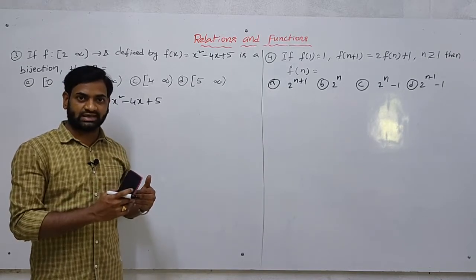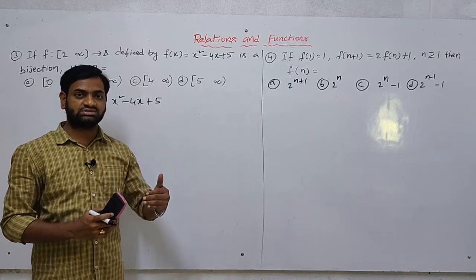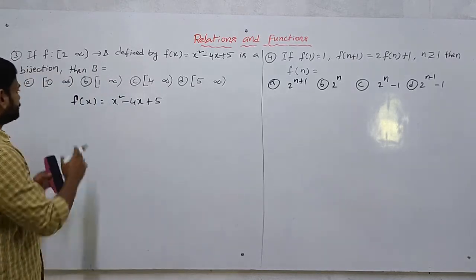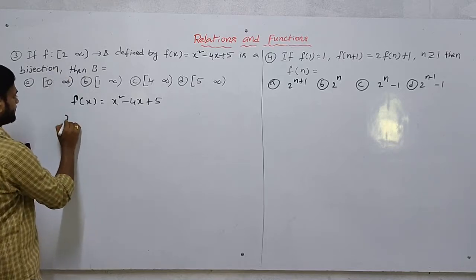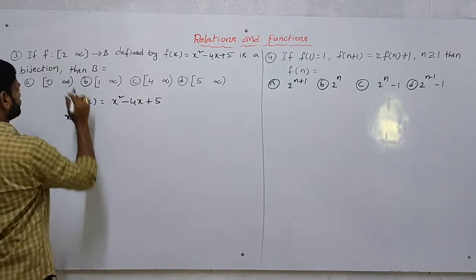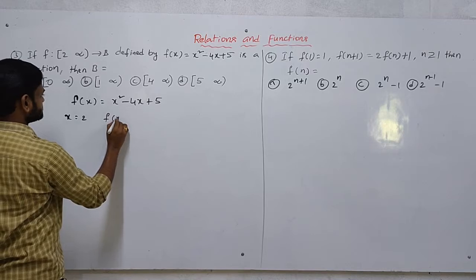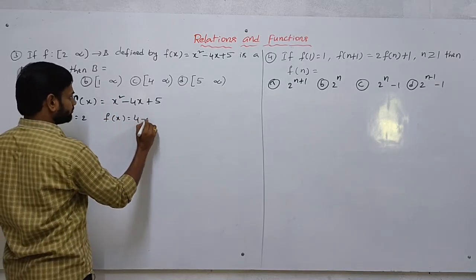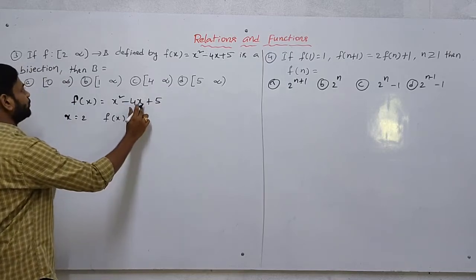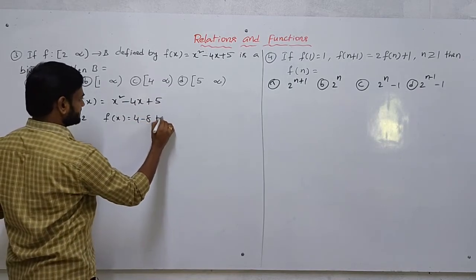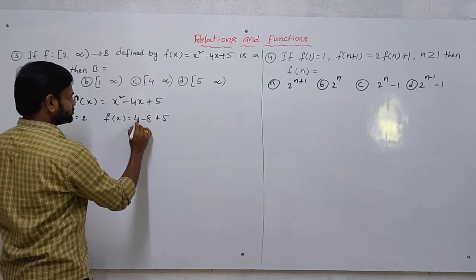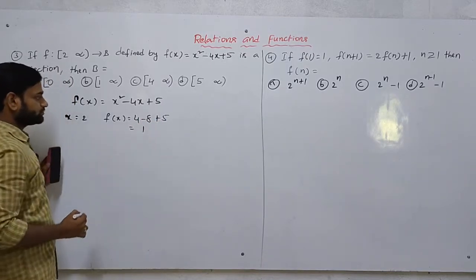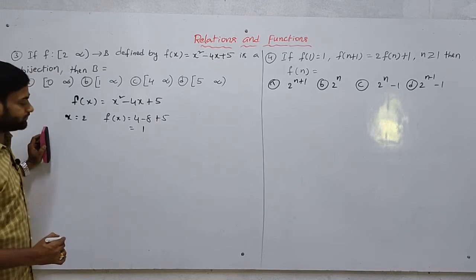So here x is taking 2, the starting value. Now what is f of x? Substitute here: 2 square is 4, minus 2 into 4, 8, plus 5. So 4 plus 5 minus 8, that is 1. The f of x value is 1.